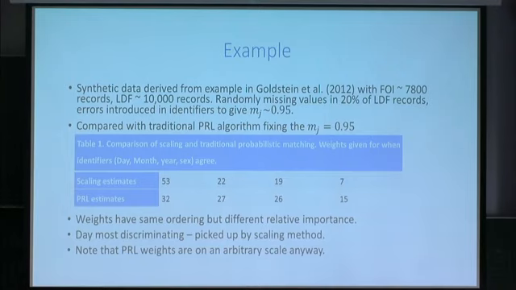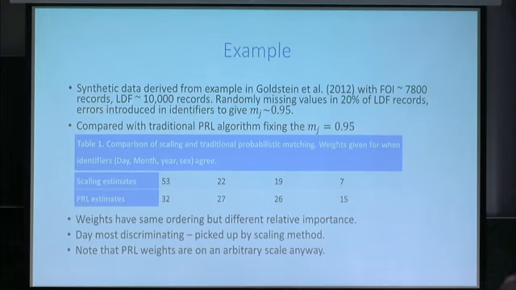I'm doing okay, good. So these are synthetic data. Thanks to Katie, they're actually data that we used in our 2012 paper, and Katie's kind of played around with them. So we've got some relatively small files. The file of interest is 7,800 records.